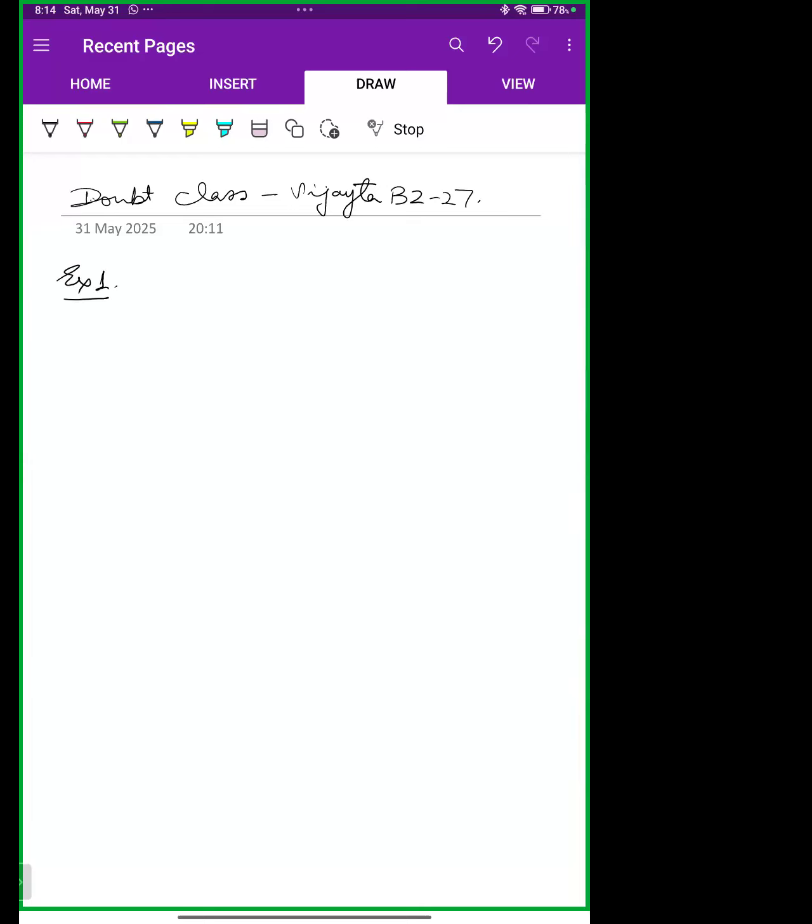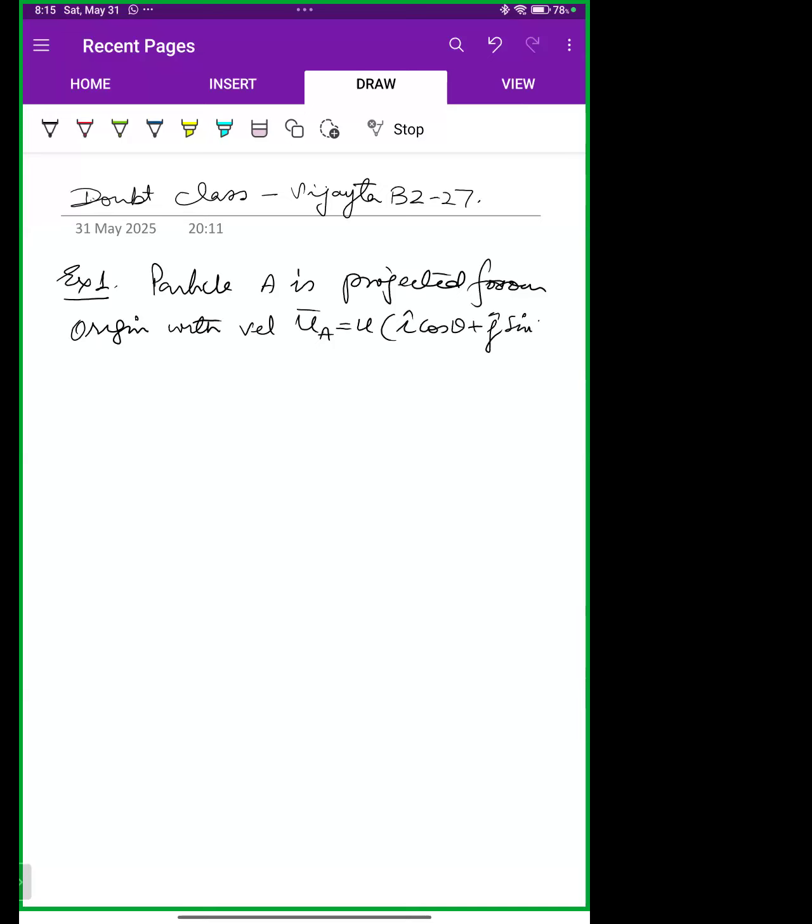Example 1. Particle A is projected from origin with velocity UA is equal to U (I cos theta plus J sin theta).